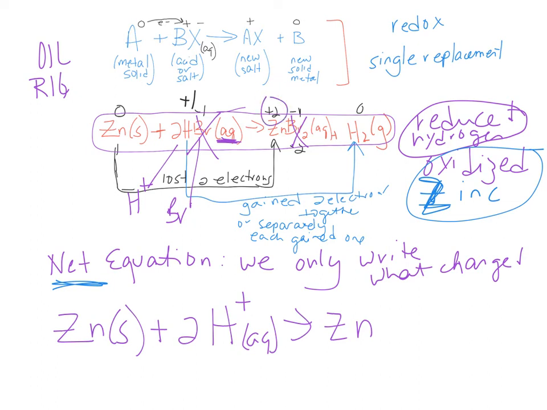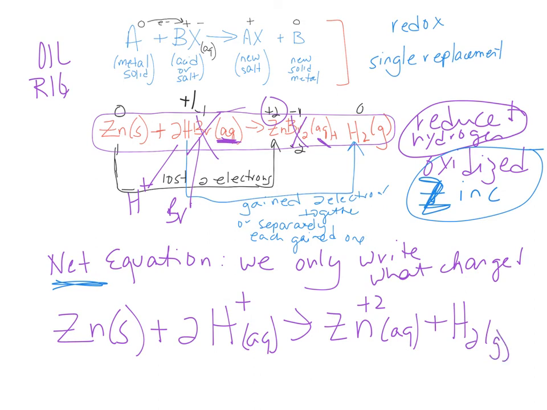That's why I have to know my charges. That's aqueous, because the zinc, or is it aqueous? I think it's aqueous. Let's check our solubility rules. Yes, it's aqueous. If it wasn't, I don't think you would write the bromine anyway, but it is, so we don't have to worry about that right now. And our hydrogen changed on this side, so we have H2 gas over here.